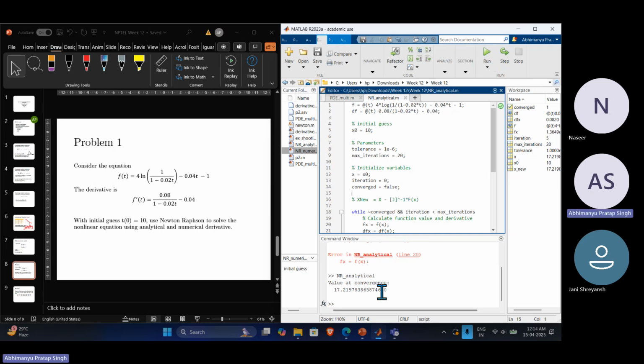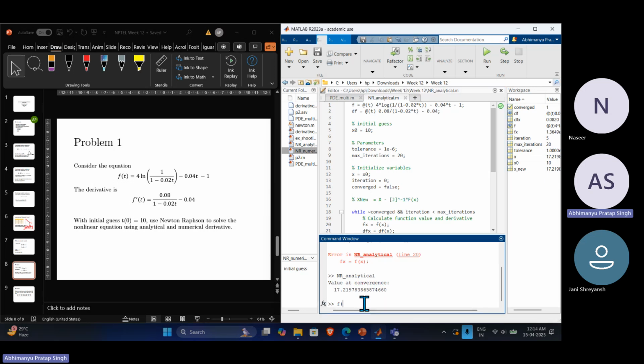Yeah. So the solution converged and it converged to a value of 10 to 17.219783. We can check, so we get a value close to 0. That means the solution is correct.